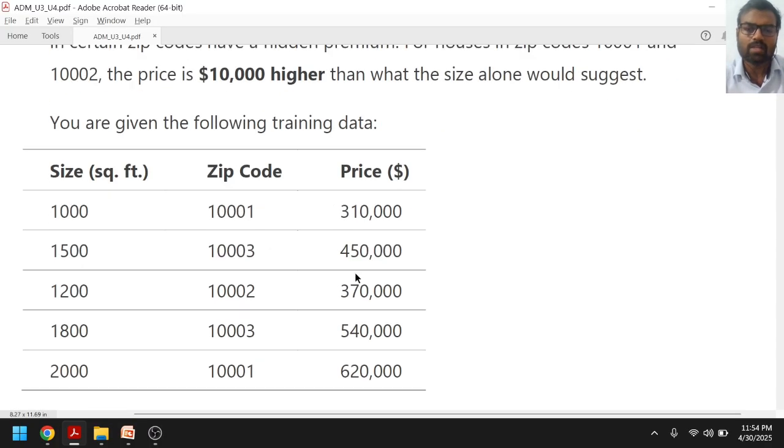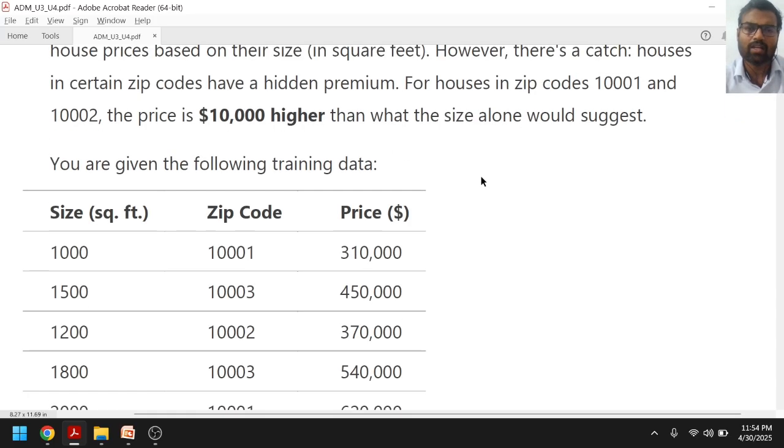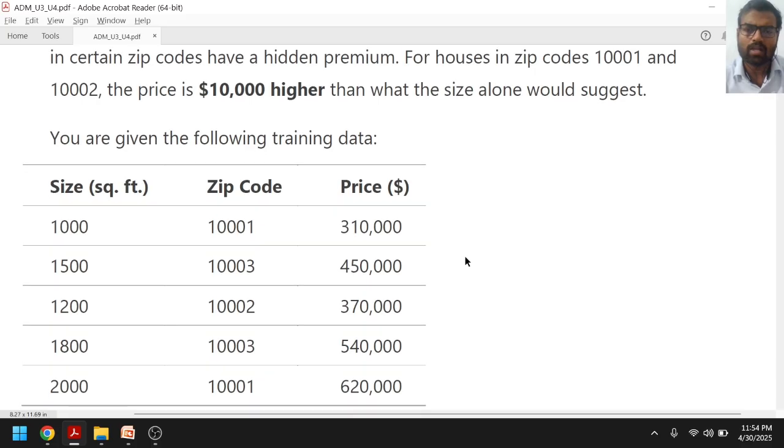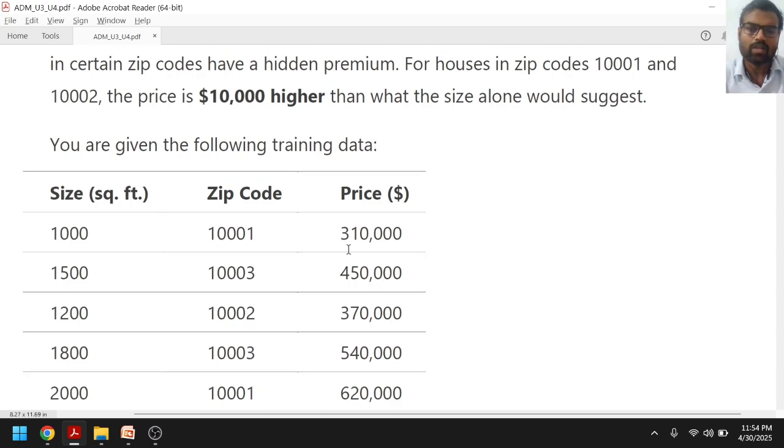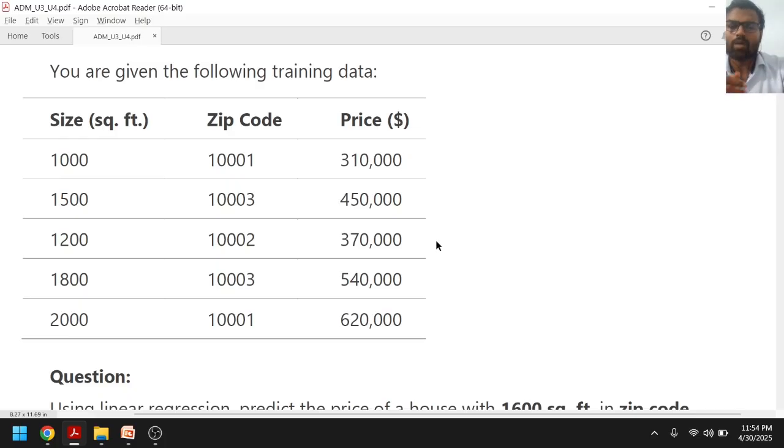Other houses are the same, maybe they have the higher $10,000 because they are very expensive places, very luxurious, very developed. We don't know the reason, but they are a premium. That's why they have $10,000 extra. So our data set is a little bit of a problem, and we need to refine it.